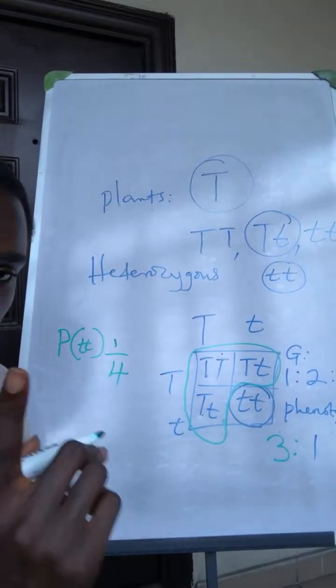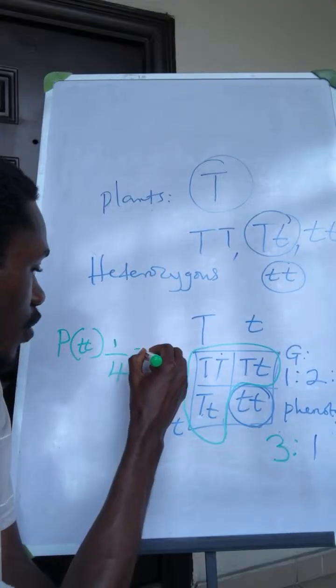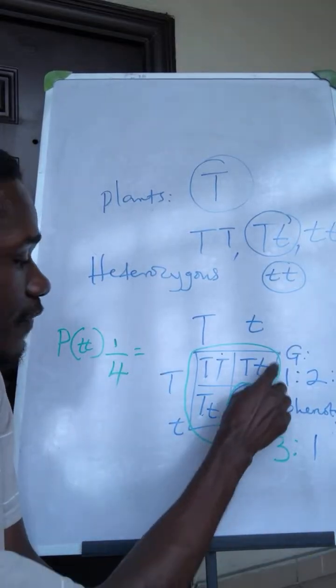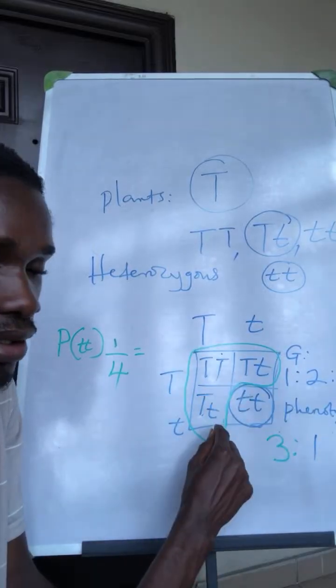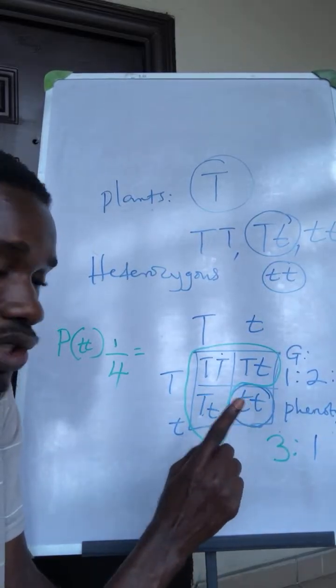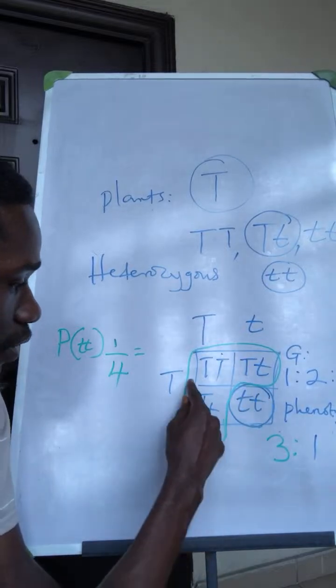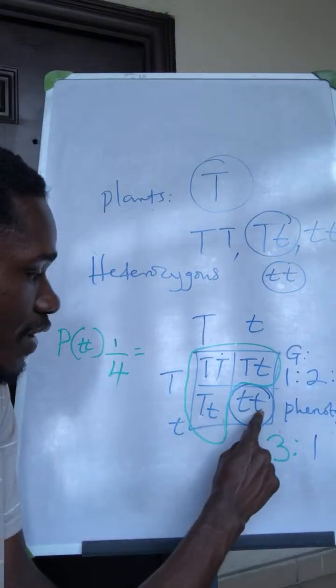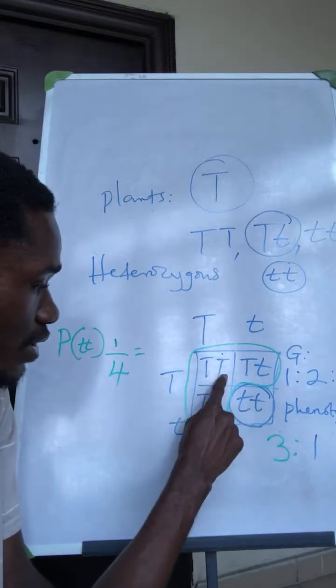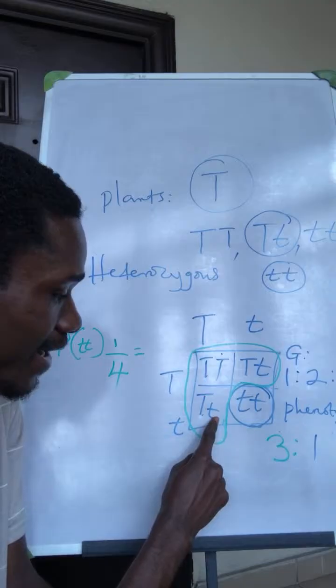That is the probability, but it does not end there. 1/4 is equal to, if these 4 boxes together are 100%, and we divide them, each of these boxes will be 25%. So 25 plus 25 is 50, plus 25, 75, plus 25, 100.